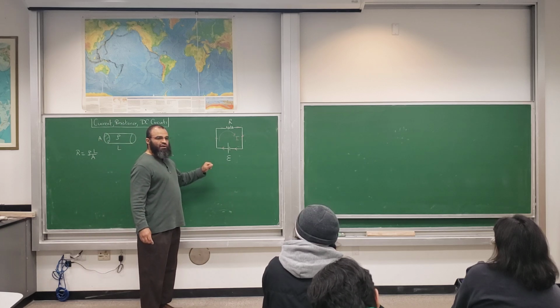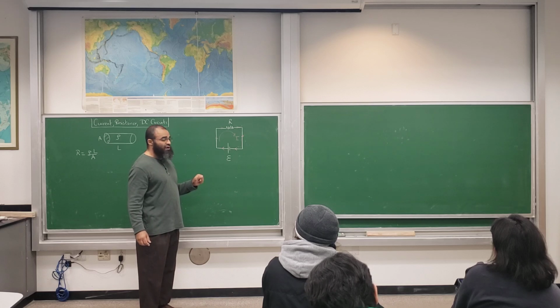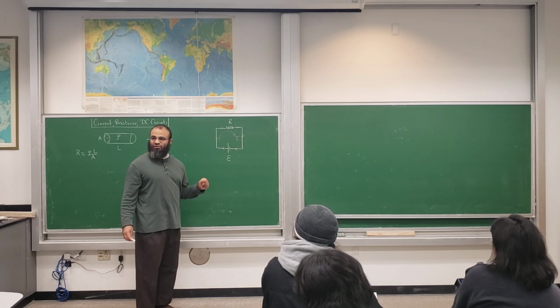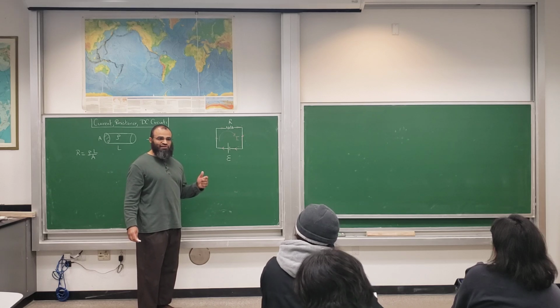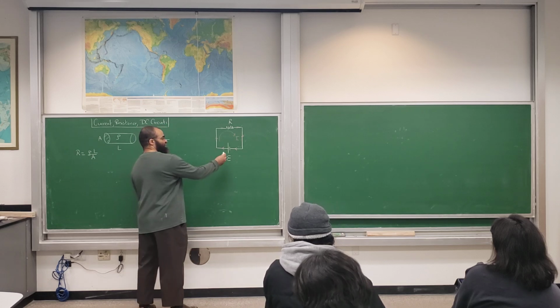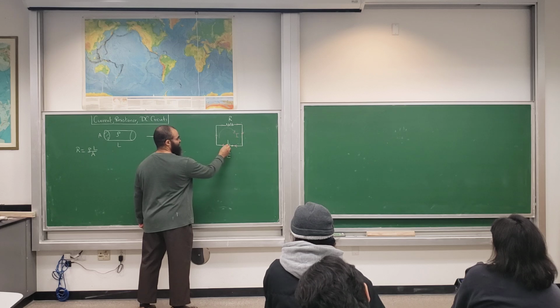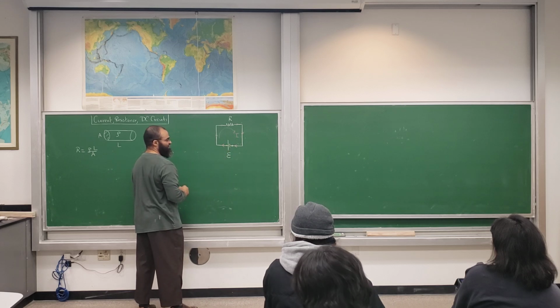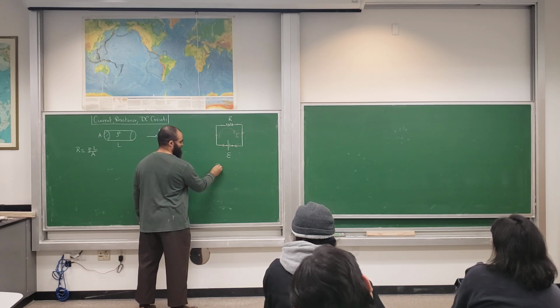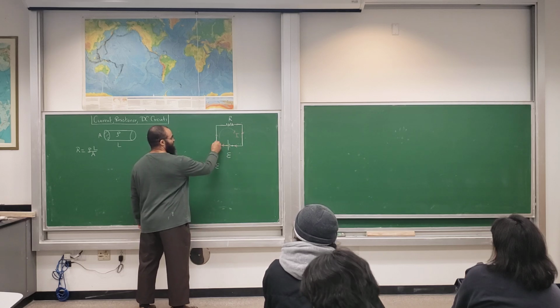So let's apply the loop rule and then ask. The loop rule says the change in potential around a closed loop is 0. And so let's start here and ask, what's the change from here to here? Positive, right? E or V, voltage. Nothing goes on.